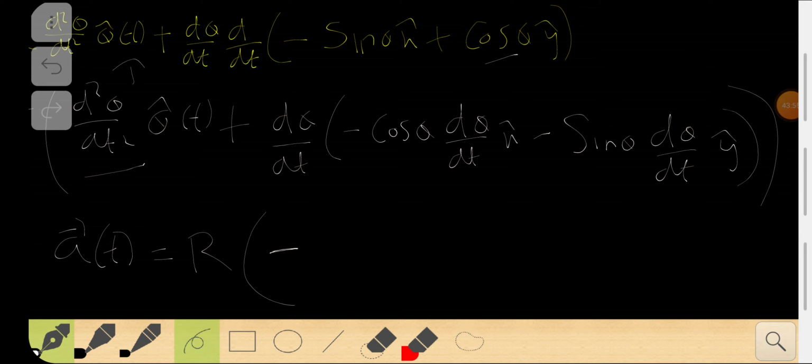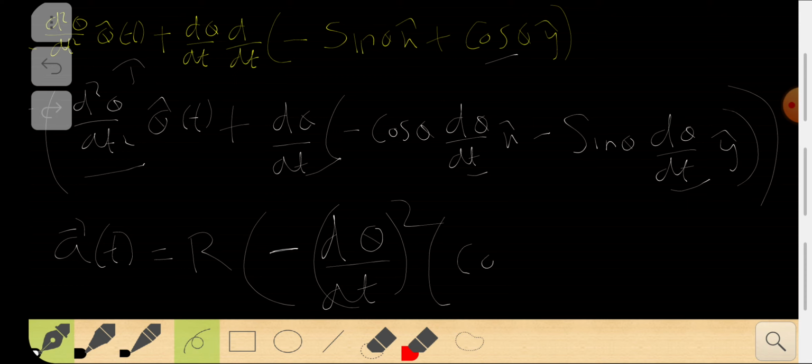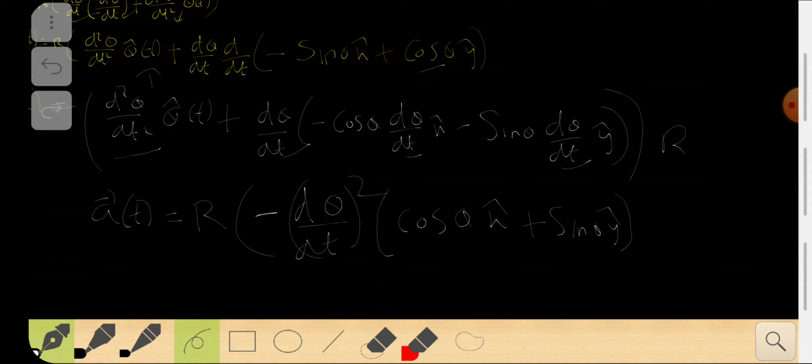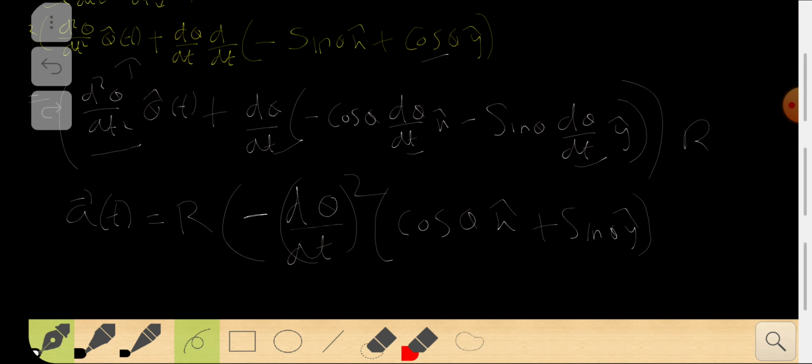So it's a minus sign outside, and inside we have d theta by dt, which is common, so it can be taken outside. So it's d theta by dt the whole square, and what is inside is just cos theta x cap plus sine theta y cap. That's what is inside.